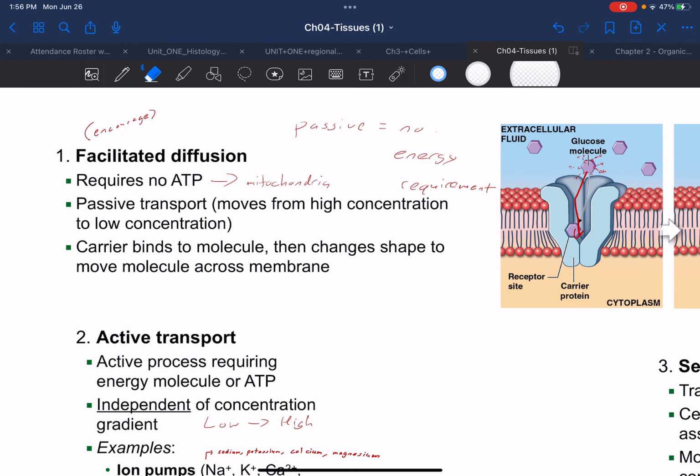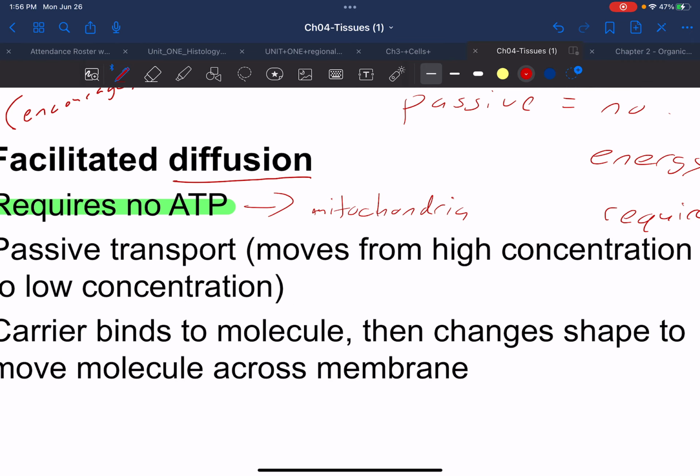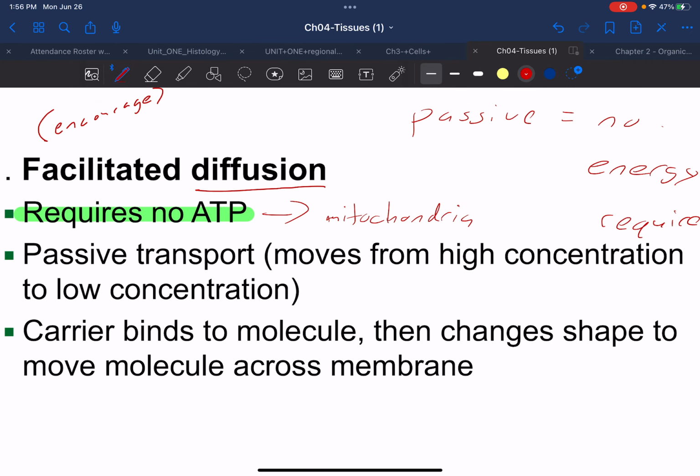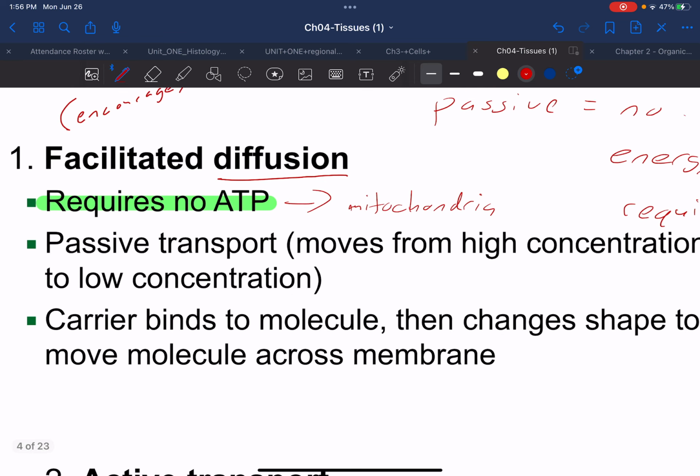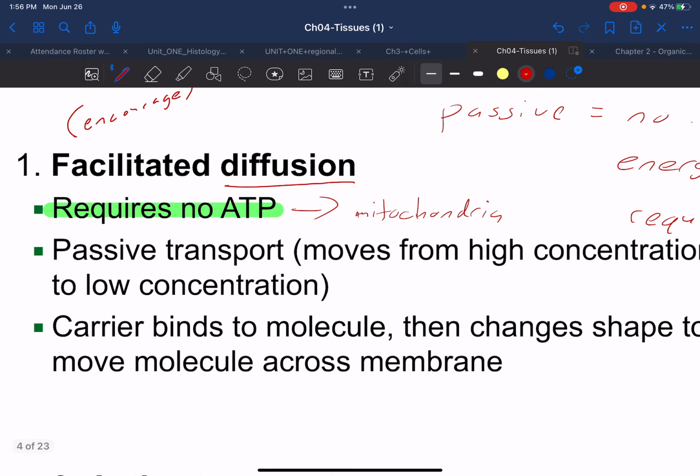And I still said the word diffusion. That's the key word. When I say diffusion, no energy is involved, so it requires no ATP. Now, what is ATP? ATP is produced by the mitochondria, and that's the energy molecule. When we talk about energy in a cell, in molecular processes in general, we are talking about this molecule, ATP.